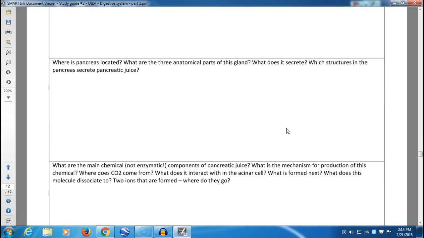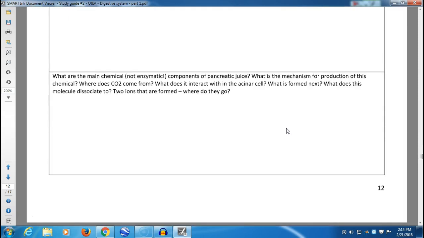Pancreas: anatomically, be able to identify the parts, head, body, and tail. Know that the acini produce pancreatic juice. The chemical component of the pancreatic juice is bicarbonate. Does that make sense?